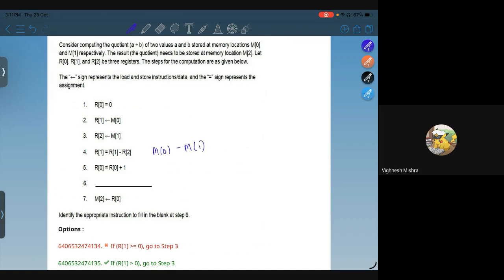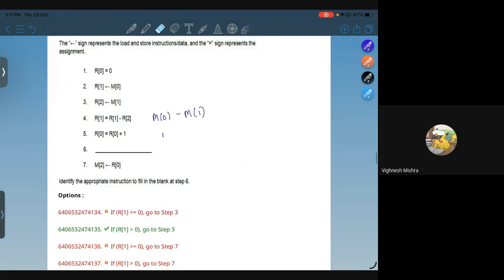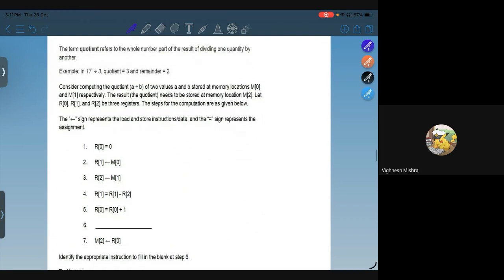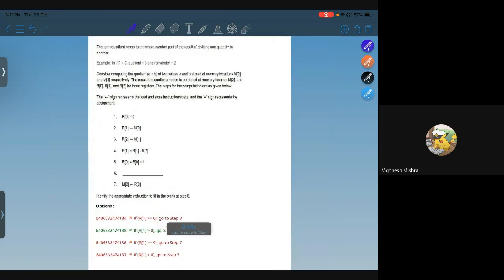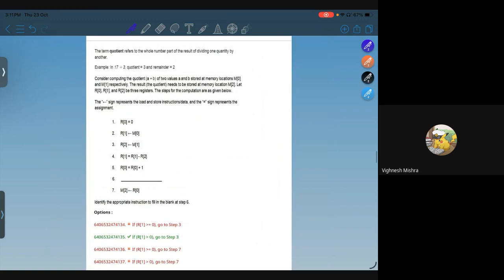And how can we fill any value here? Even in this case, the quotient will be 5 here.